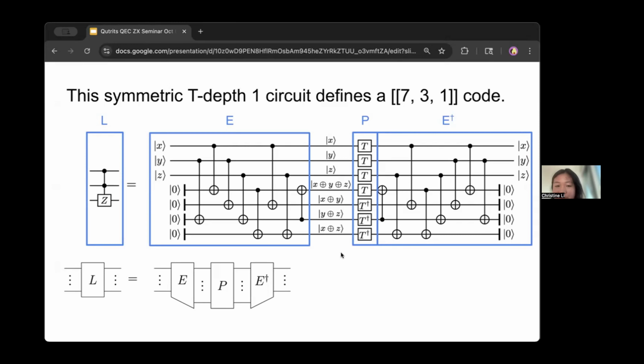So we wanted to do something similar with the binary AND gate. If we have a symmetric circuit for it, then maybe we can add stabilizers to construct a code that has a transversal implementation of that. Does that make sense?